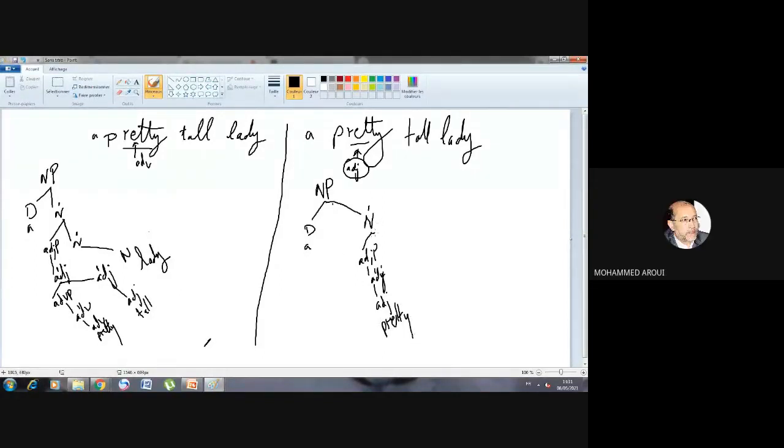Then here, the other side, N bar, one branch adjective phrase, adjective bar, adjective, tall.